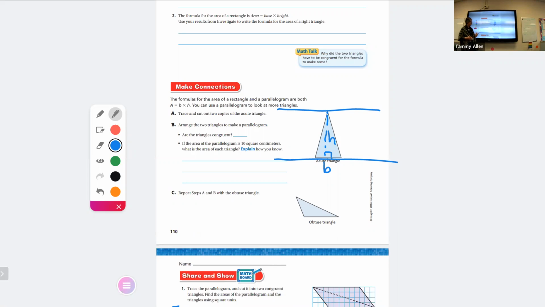So we can still use area equals 1/2 base times height. But there would be our base and our height. Now in the obtuse triangle, it gets a little more difficult because if we're looking at how tall this is, well, the height is from here to here, right?